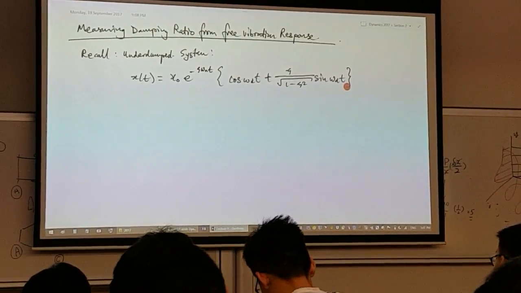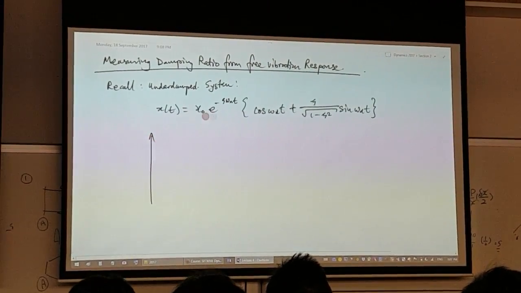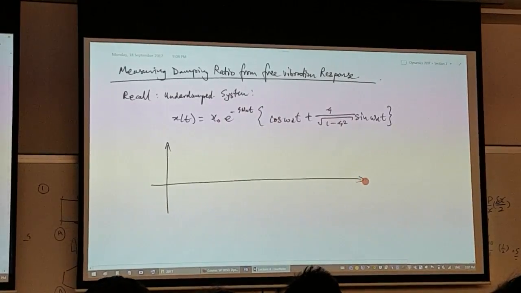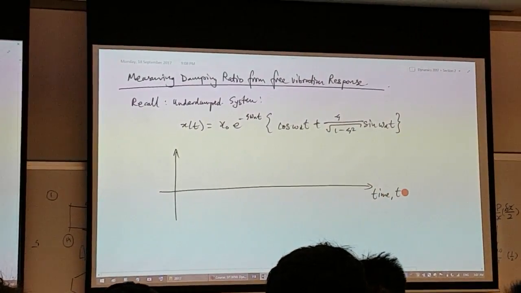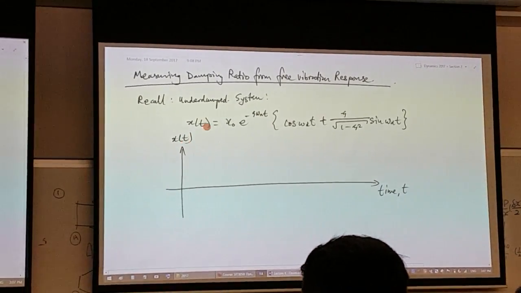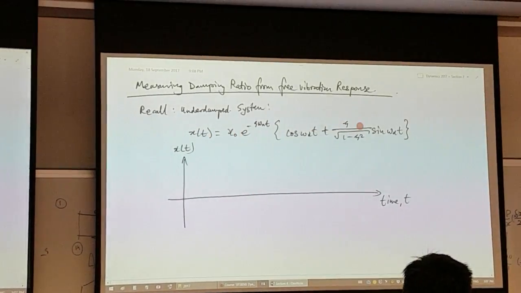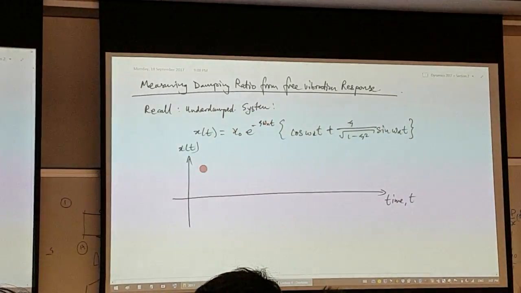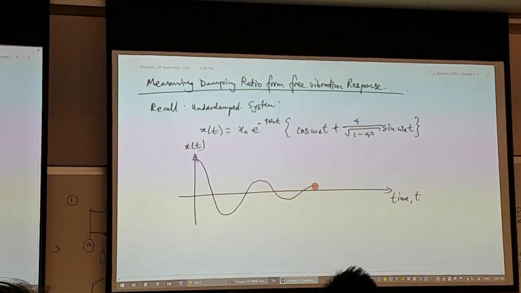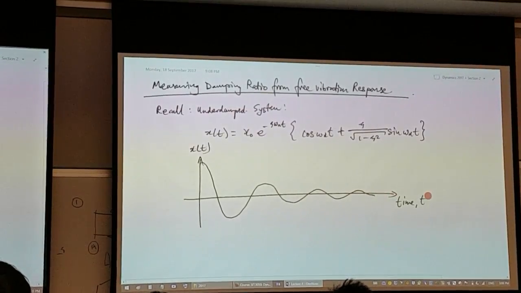Now, if I were to sketch this underdamped system, that means this equation over here, sketch it on this axis. This one is time t, and this one would be the y-axis that in this case is your time response. So if I were to sketch this equation, I'll end up with this kind of curve. Yeah, and then you kind of wiggle.